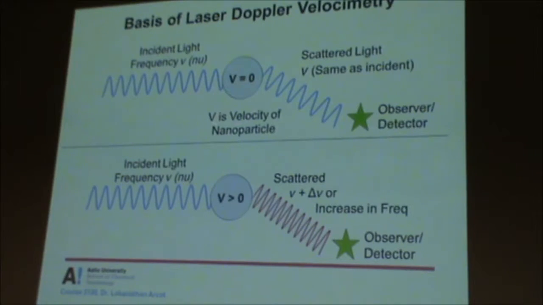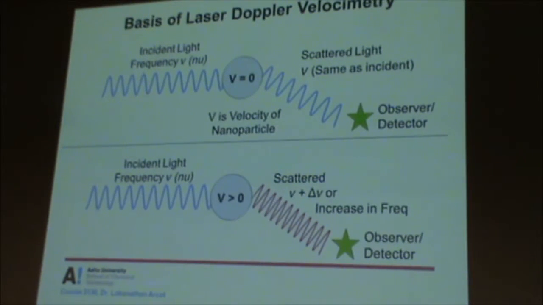You have a nanoparticle in solution. Let's say it's static, with zero velocity. There is incoming light with frequency nu, and the scattered photon is emitted with the same frequency as the incident photon.